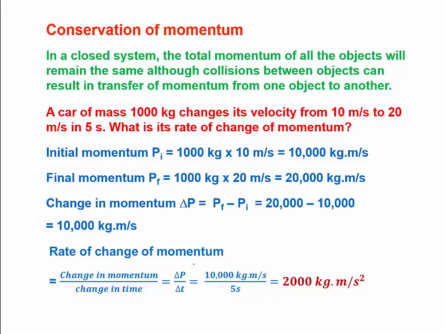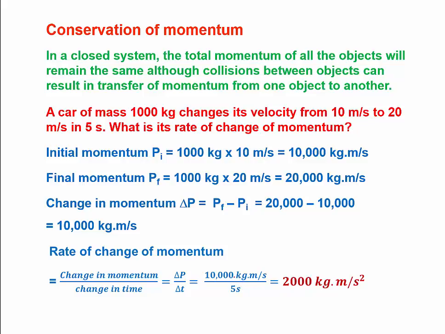Now, I want you to keep this in mind because I'm going to ask you in about 5 minutes this concept back, the rate of change of momentum. Look at the unit of the rate of change of momentum. The change in momentum is measured in kilogram meter per second. The time interval is measured in seconds.